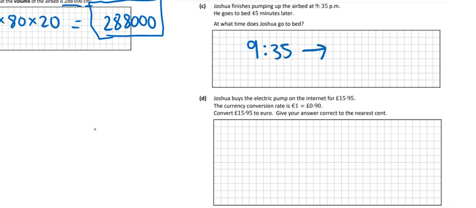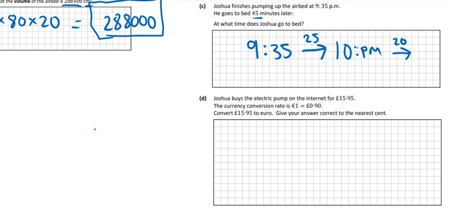If you just think about it, to get to 10 p.m., if it's 25 to 10 at the minute, that's going to take 25 minutes. So if 25 minutes are gone out of the 45, then there's going to be another 20 minutes afterwards.